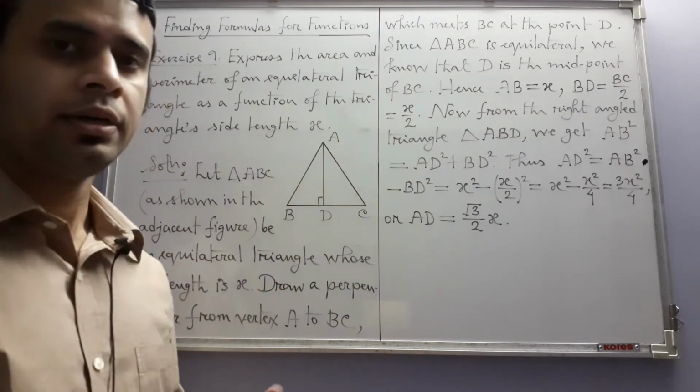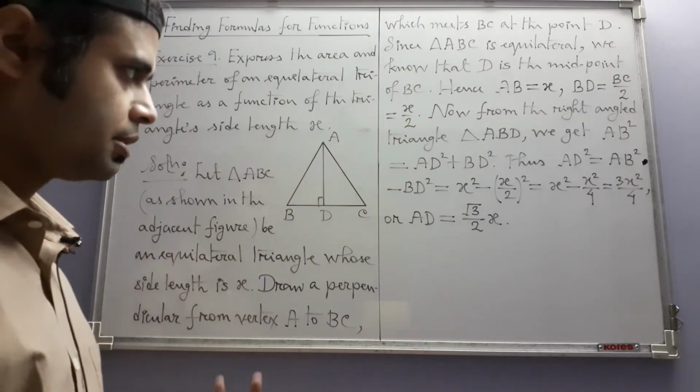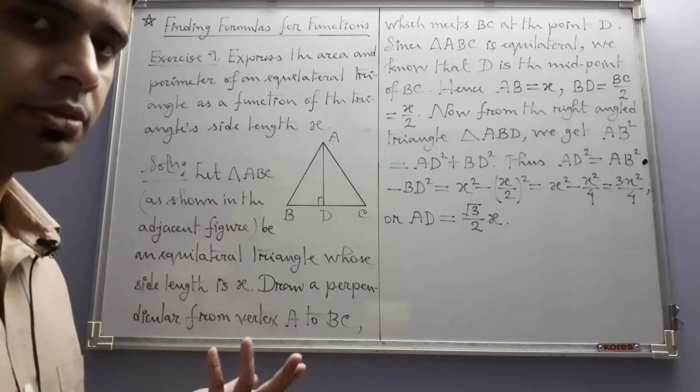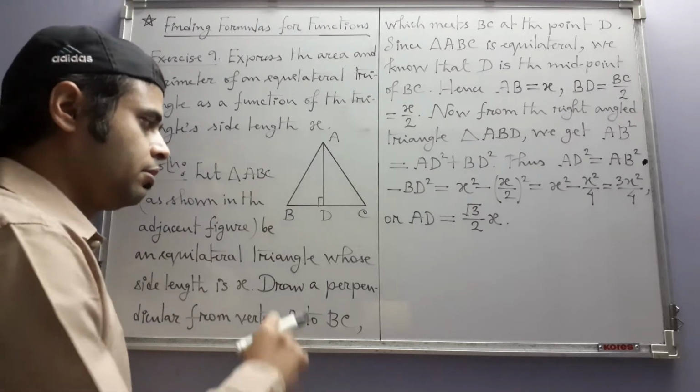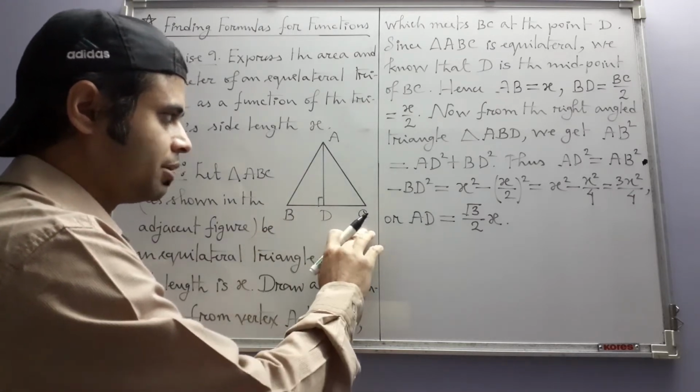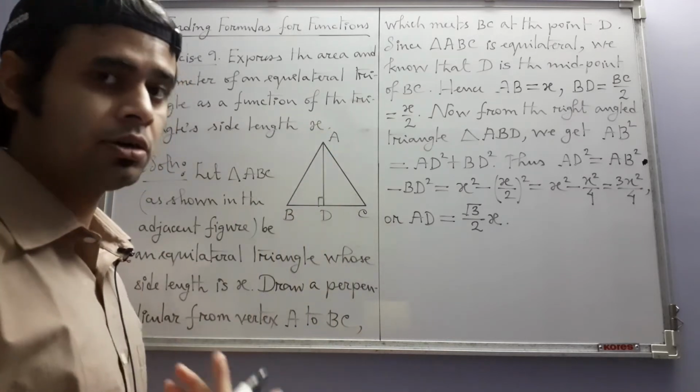Now we can find the area of the triangle using the usual area formula for a triangle that we get from geometry, which is 1/2 of length of base times length of altitude.